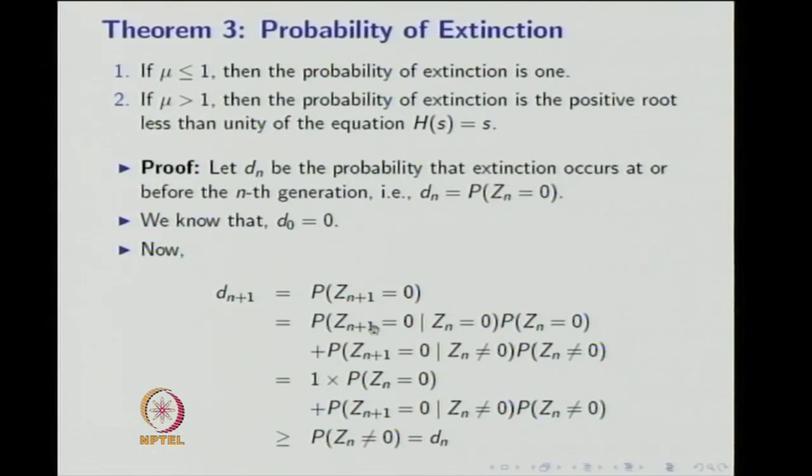We know that the probability of Zn plus 1 equal to 0 given Zn equal to 0 is equal to 1.